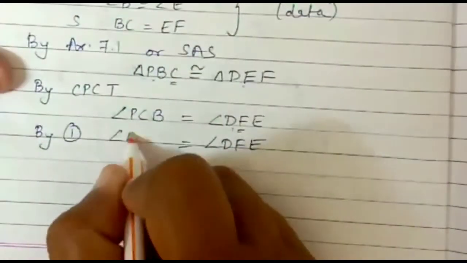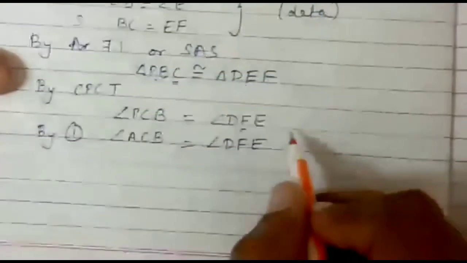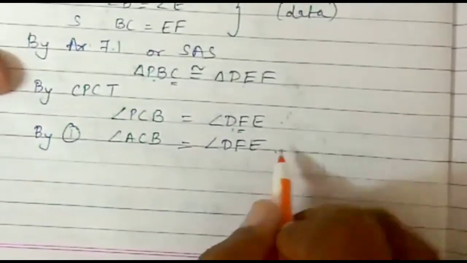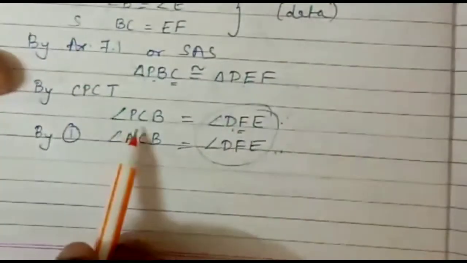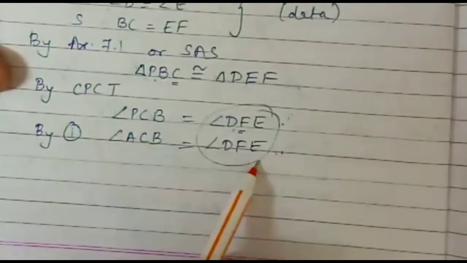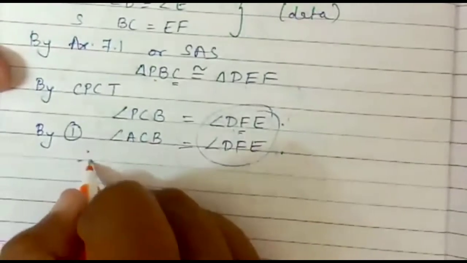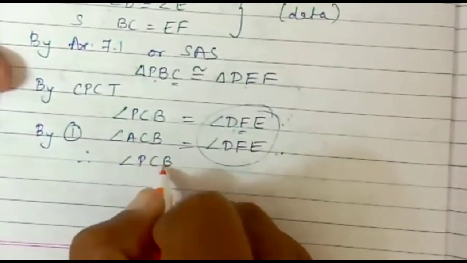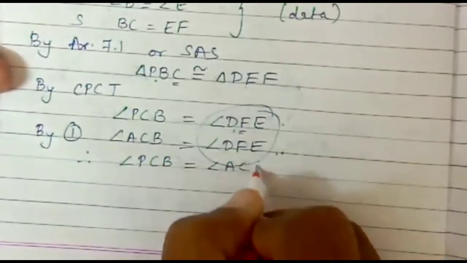So can you see these both results? The right hand side is same. Angle PCB is equal to angle DFE as well as angle ACB is equal to angle DFE. This shows that angle PCB is equal to angle ACB.